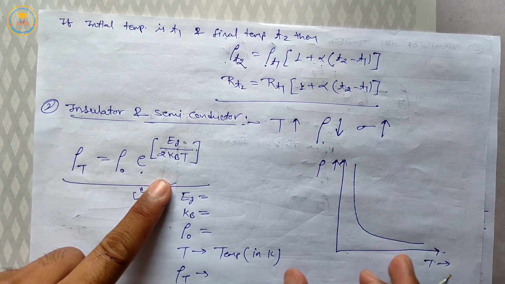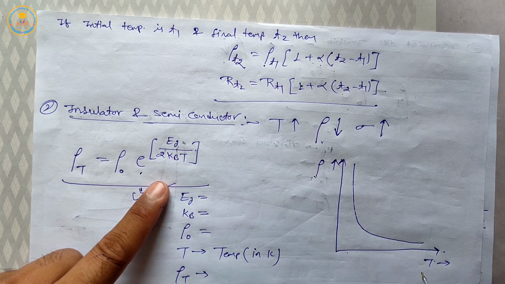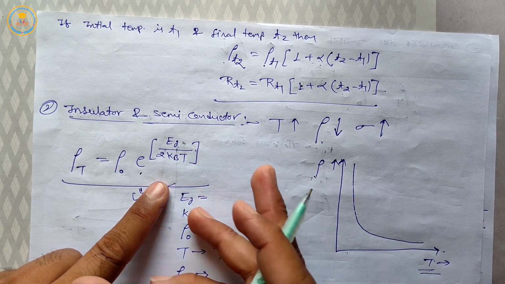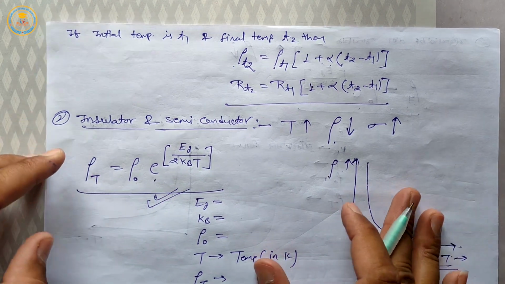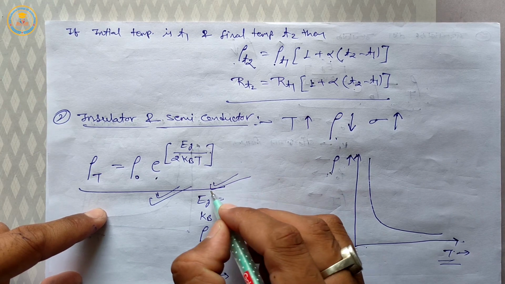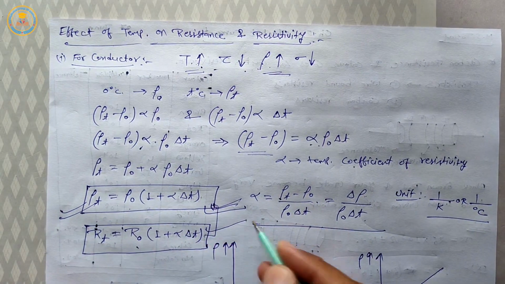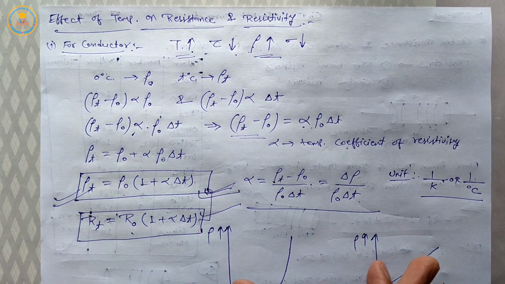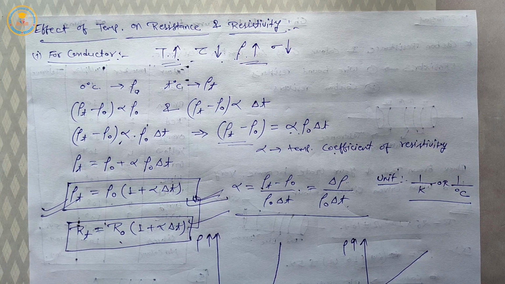This is the graph between resistivity and temperature for insulators and semiconductors. Okay students, you should remember this equation and this equation for our numerical questions. Okay, this is the effect of temperature on resistance and resistivity.